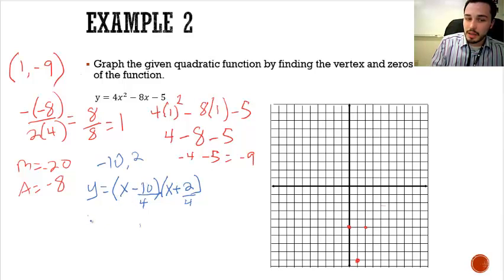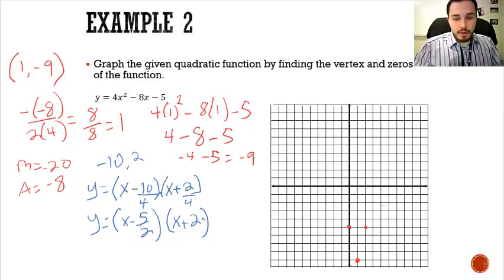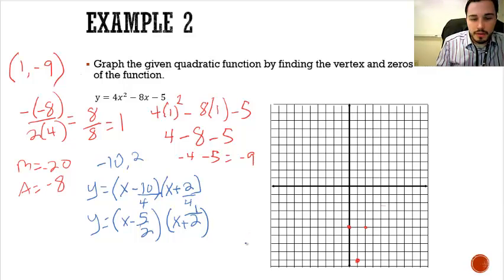10 over 4 can be simplified down to 5 over 2. So if it's 5 over 2, okay, like that, and this simplifies to 1/2. Now, of course, bottoms up has me pull both of those 2's up in front of the x's, but remember, we're looking for the solutions.